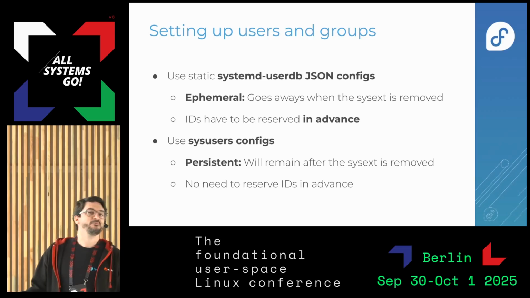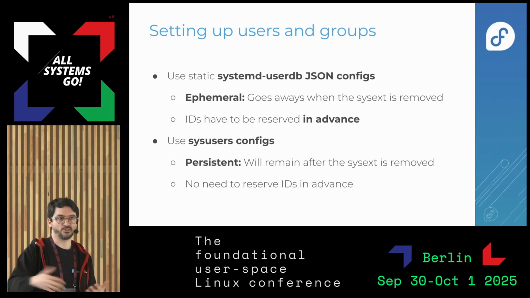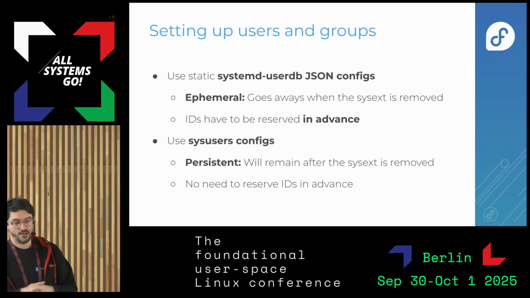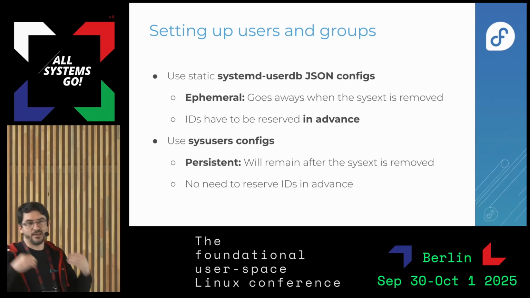The other workaround is: what if the binaries inside of your Sysexts need specific users? The most common example is the Docker daemon. It needs the Docker user and group. And so you need to have this on your host system when you're merging the Sysexts and want to start the daemon. Well, you've got essentially two options. Either you decide that you want things ephemeral, and you have the users and groups set up in the Sysexts.